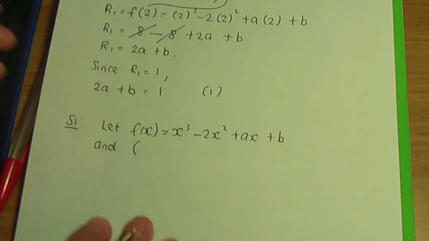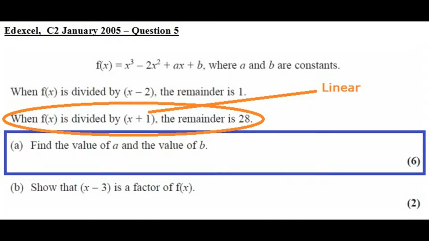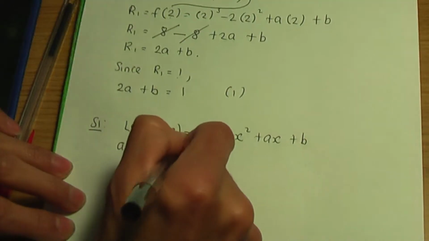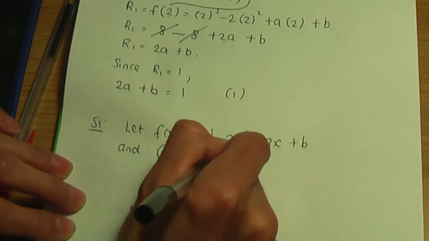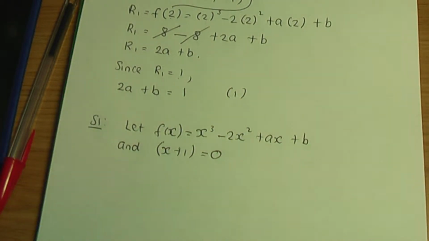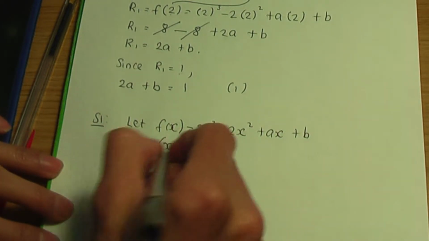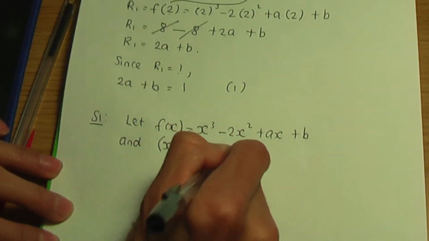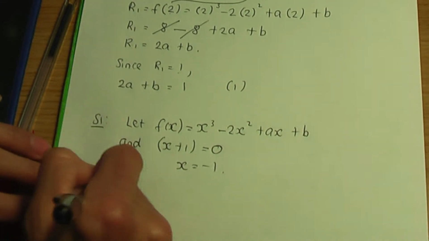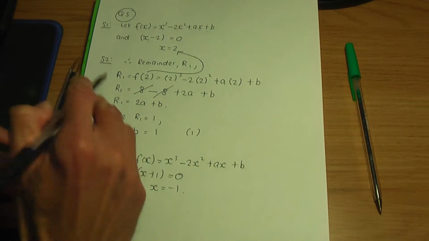And if we go back to the screenshot to remind ourselves, the linear is x plus 1. So back to the paper and pen, we make x plus 1 and we equate it to 0. So it's always 0 when it comes to step 1 of the remainder theorem method. So if we rearrange then, x is minus 1, that takes us to step number 2.